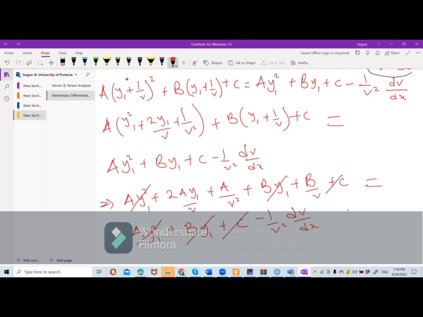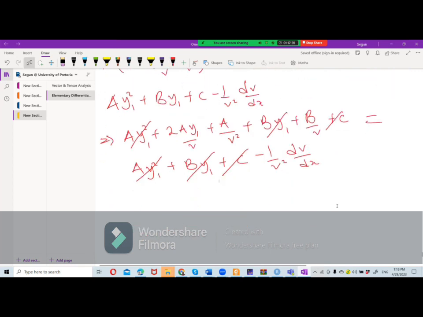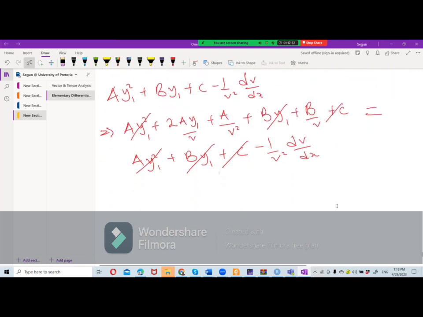That's why it's cancelled. Anyone that I say is cancelled, it's because when they move to the other side, they turn negative, and positive and negative cancel each other. That's just the reason.